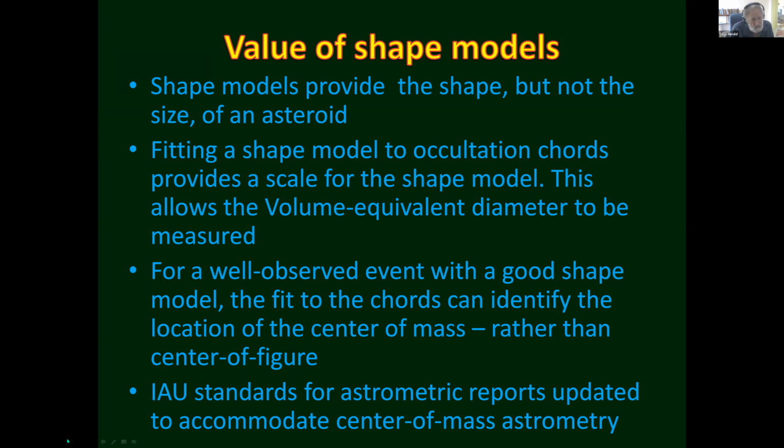Now, this is particularly relevant in the context of astrometry and orbit determination, because the motion of the asteroid around the sun is governed by the location of the center of mass, because its mass is the thing that drives things.